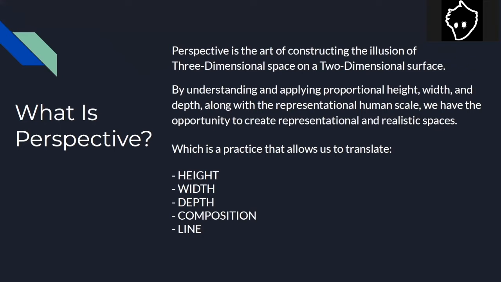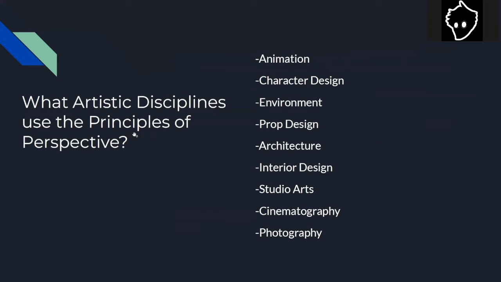Or in any other order you can really see this, because surely, as disciplines treat this itself, it applies to a majority of visual media fields. So as far as visual media fields or artistic disciplines, there are a variety that qualify: animation, character design, environment, prop design, architecture, interior design, studio arts, cinematography, and especially photography.